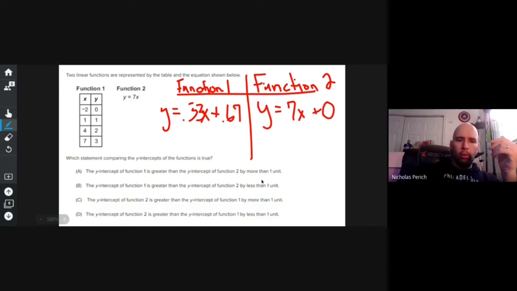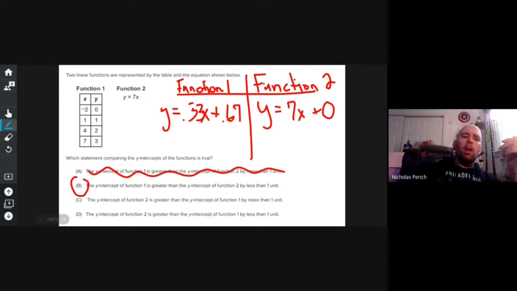That's not true. The y-intercept of function 1 is greater than the y-intercept of function 2 by less than 1 unit. That is true. These are very difficult problems. Will you see a problem like this on the test? No. But if it kind of makes sense, and if you think you can do it, then you're in great shape. Very tricky problem.